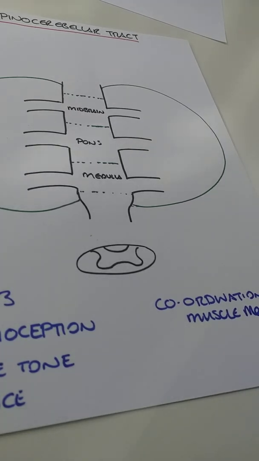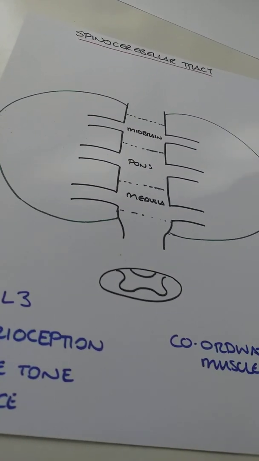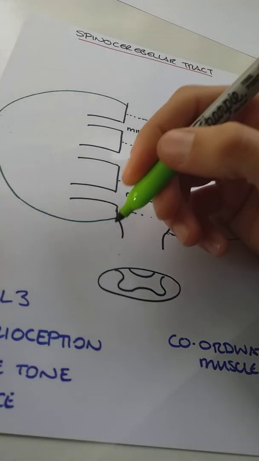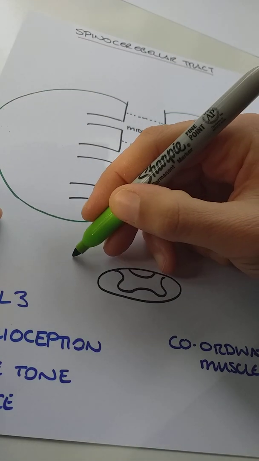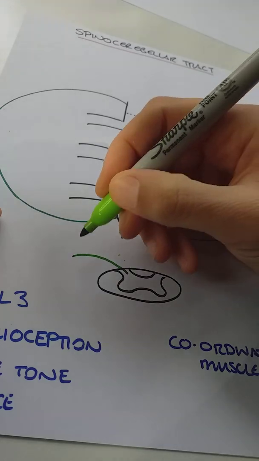Right, so let's have a little look at what we've got. The first order neuron enters the grey matter, comes in here.